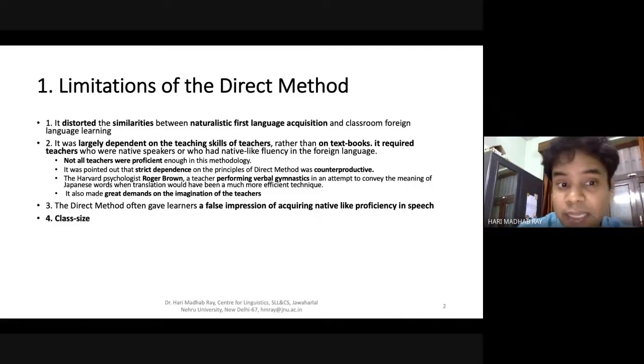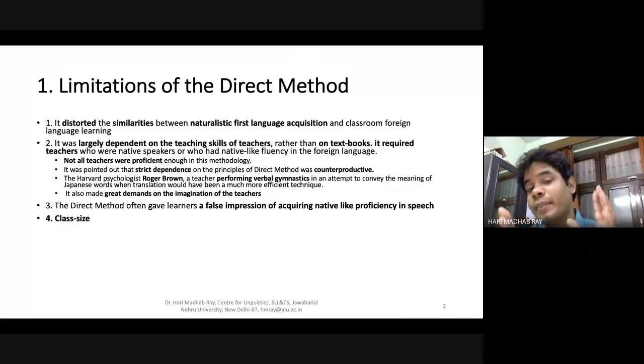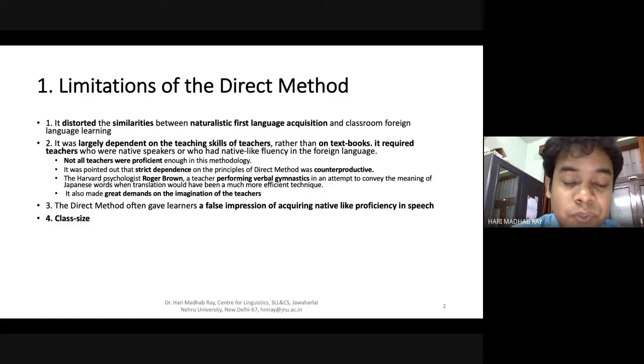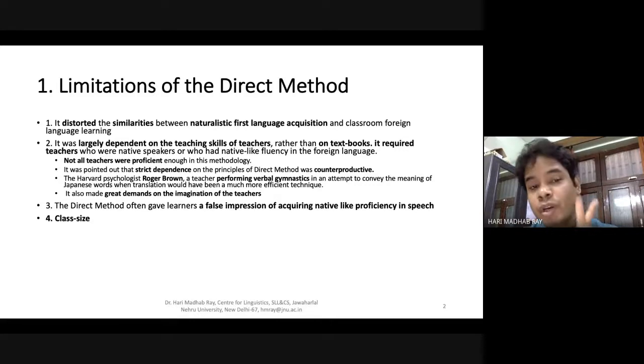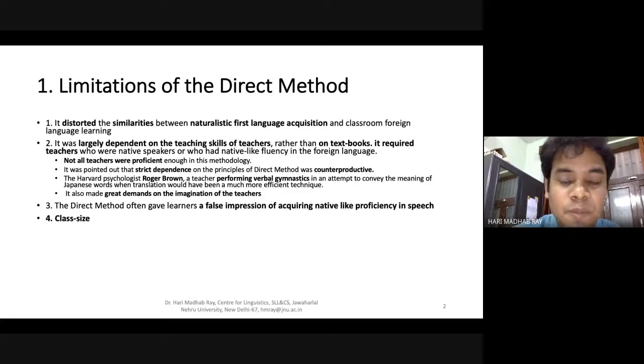And class size, I already told you that since it's a method which is totally student-centric or learner-centric, it depends on the class size. Let's say there are 30 students in the class and you have only 2 hours and lots of questions and answers between teacher and student. Can you imagine how much time you need, especially in this class system, in a 2-hour class?